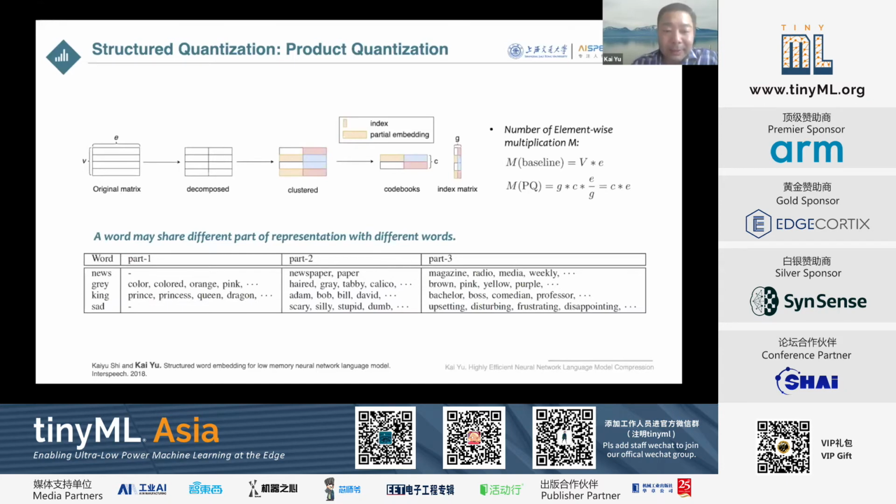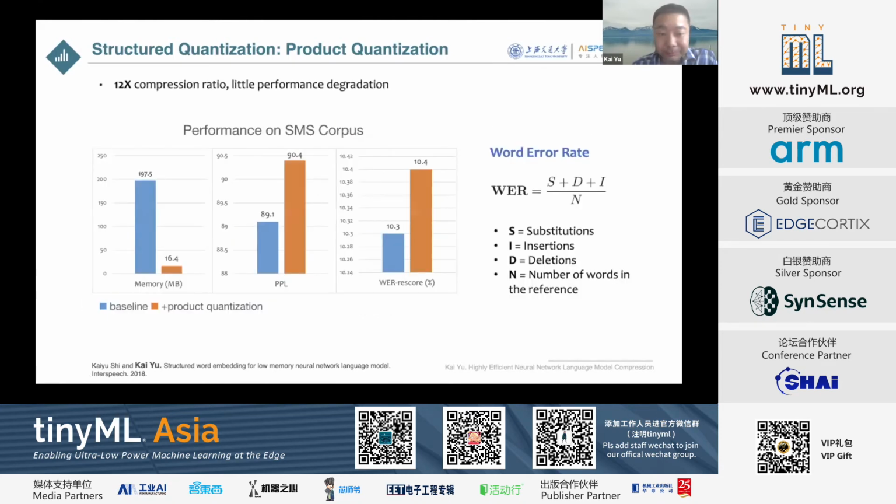But if we split it into subspaces, you can see here for the word gray, in subspace 1, it's related to colored, orange. But for subspace 2, it's related to haired, tabby, and so on. For subspace 3, it's related to brown and pink. So from different angles, we can analyze each word. This is a side product.